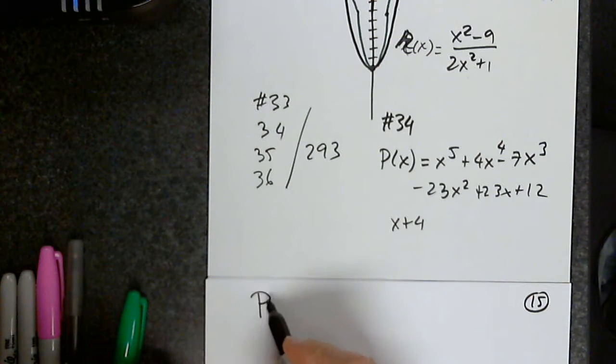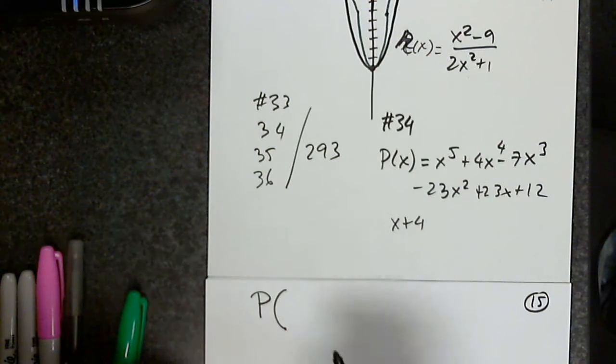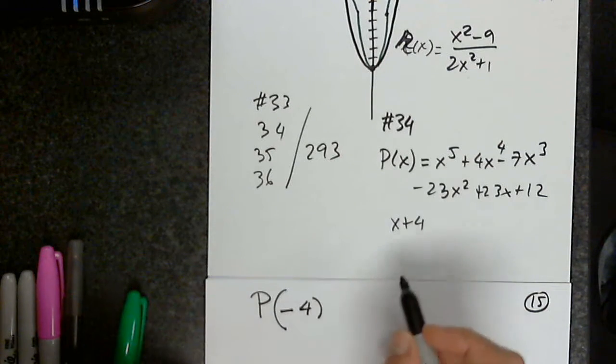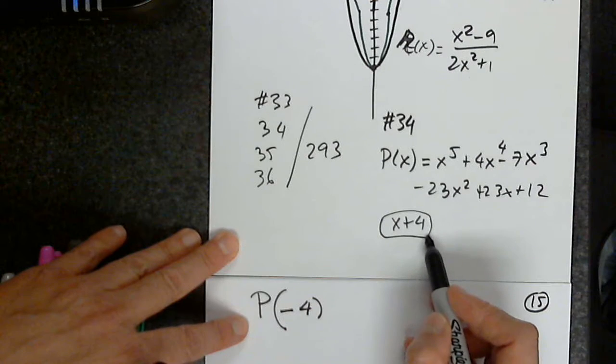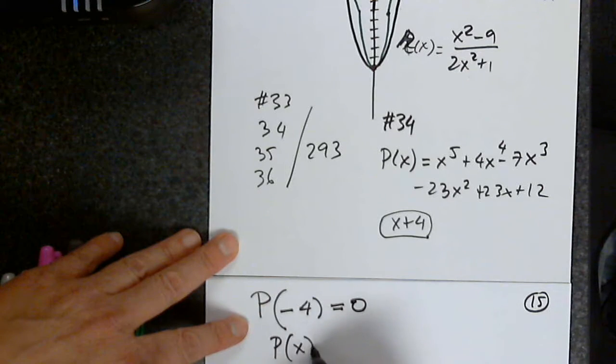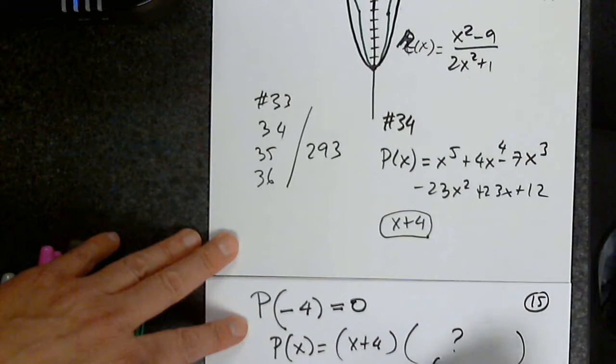Exactly. I have to find P of -4. If P of -4 is 0, then I say P of x equals x plus 4 times some other factor of degree 4.